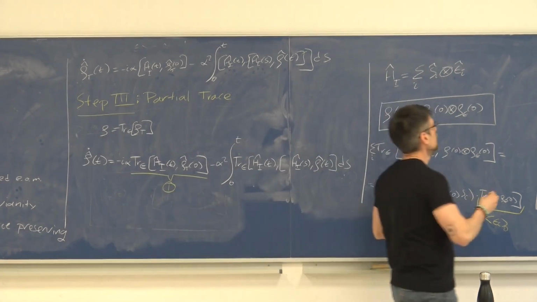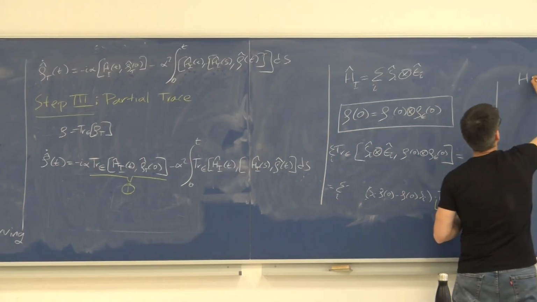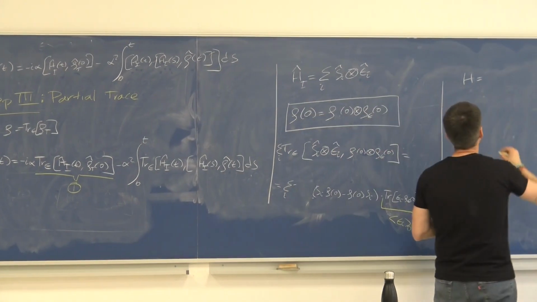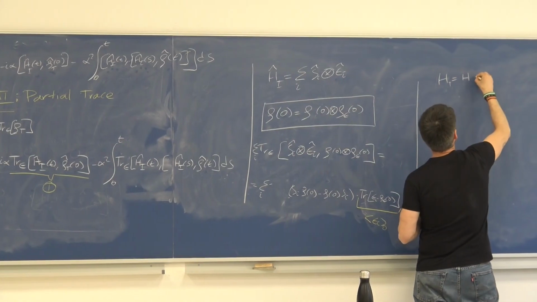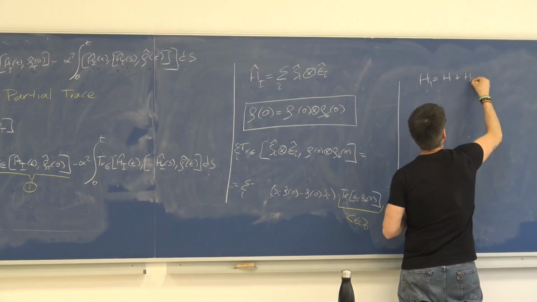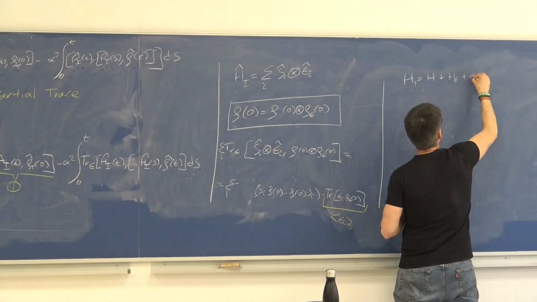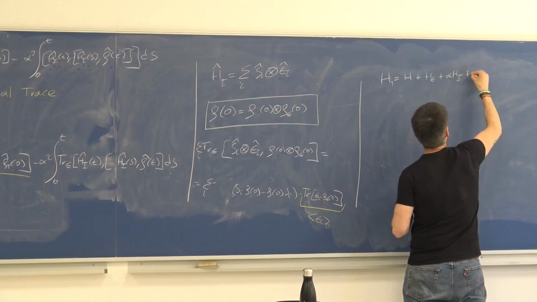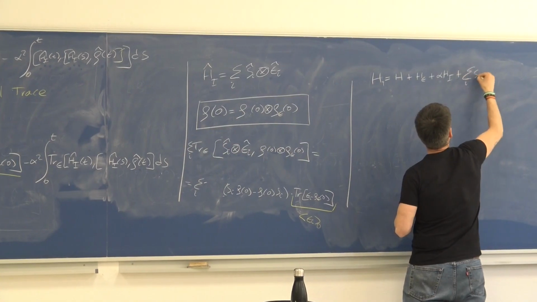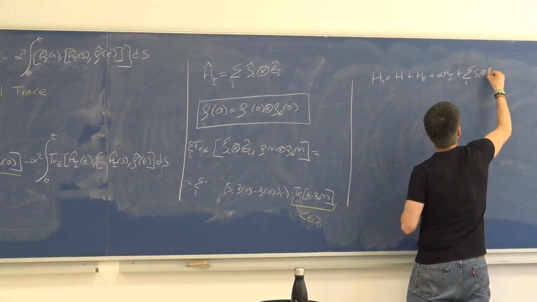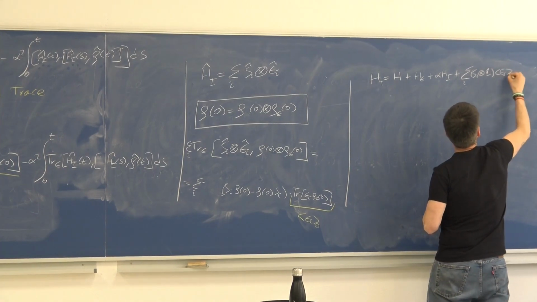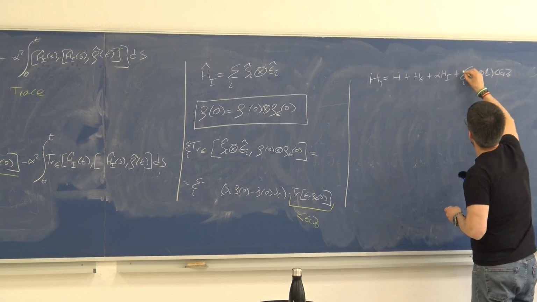Basically, the idea is, if you have the total Hamiltonian, I can modify it in this way. The total Hamiltonian is H of the system plus H of the environment plus alpha H interaction, and I can add the sum over i of S_i times identity, multiplied by this E_i expectation at 0, and alpha here.